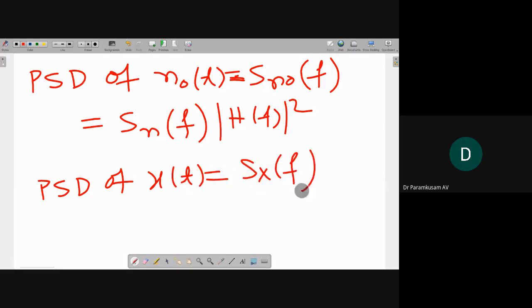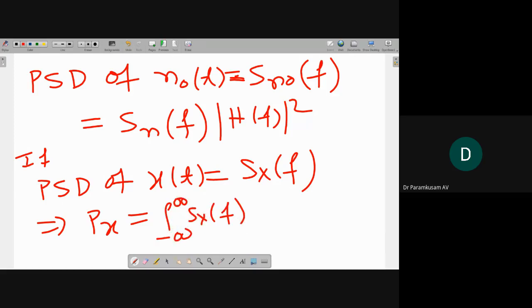Then the power of x of t is equal to the integration from minus infinity to plus infinity of S x of f df. Note this down: S x of f df.